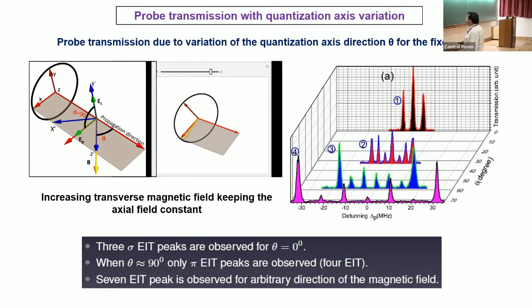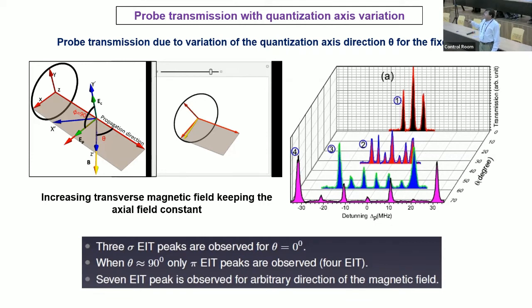And then what we get is that, at the beginning, theta is 0. So the B field is along this axis, and therefore we only got the sigma peaks. So here you can see at theta equal to 0, only sigma EIT peaks are observed.